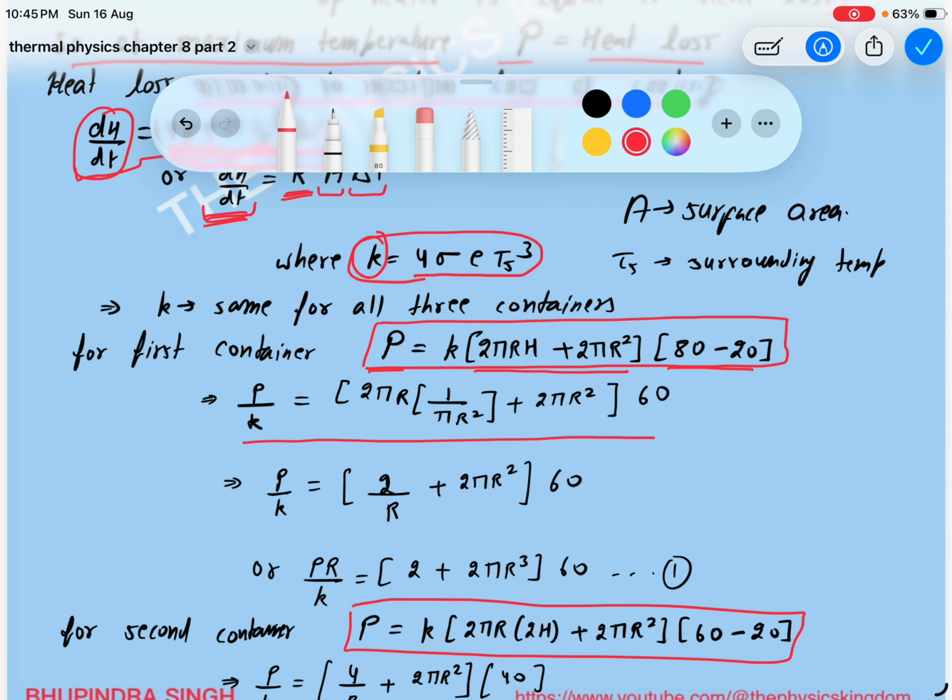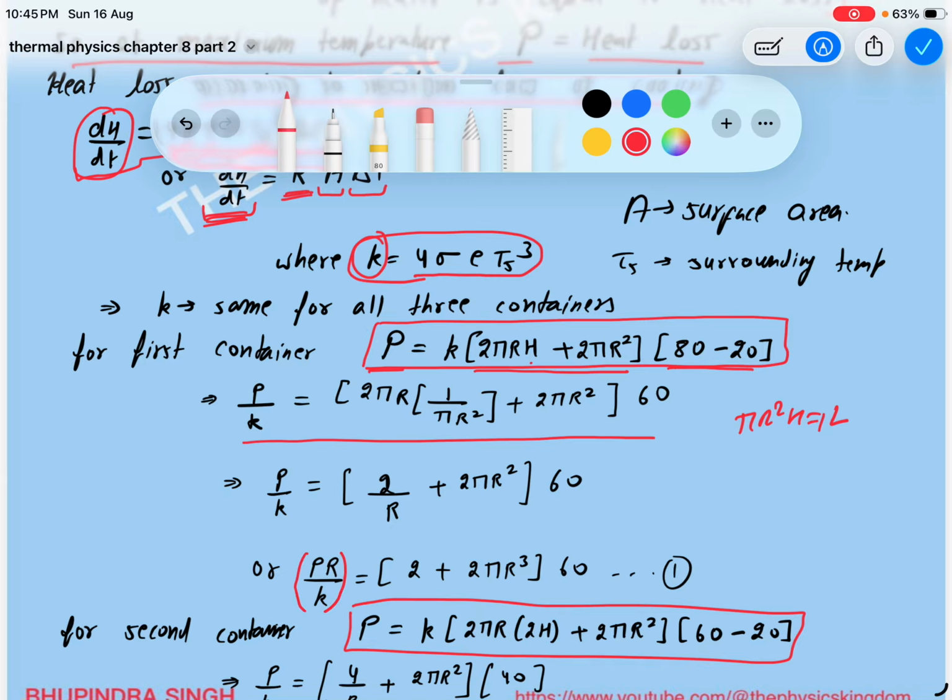By one method I am doing. I am rearranging now H. As I said, pi r square H is equal to 1 liter. So without changing units, I will write H as 1 upon pi r square. Now I am rearranging this equation, and finally I am writing it in terms of two variables.